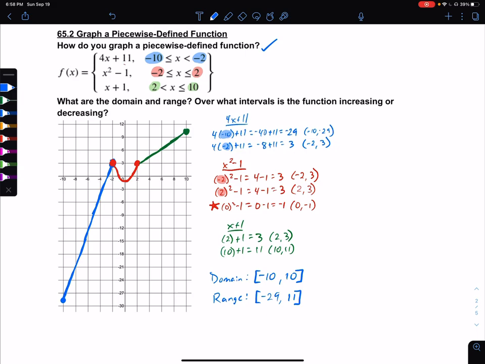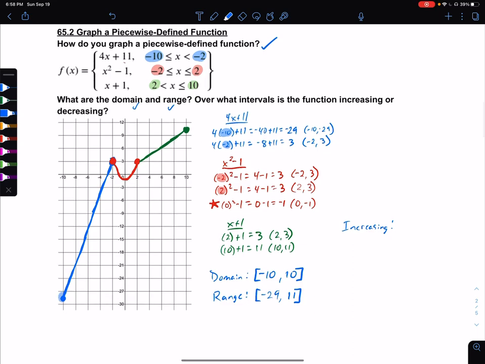All right, and then finally, we covered domain, we covered range. We want to look at when the function is increasing and when it is decreasing. Okay, so increasing, let's look at that first. Remember, increasing is when we're looking left to right, and since it's an interval, we care about x values. So this graph is going to be increasing from the start.